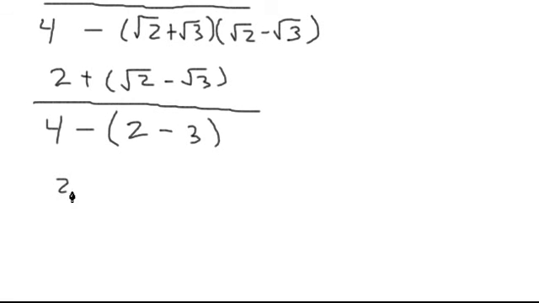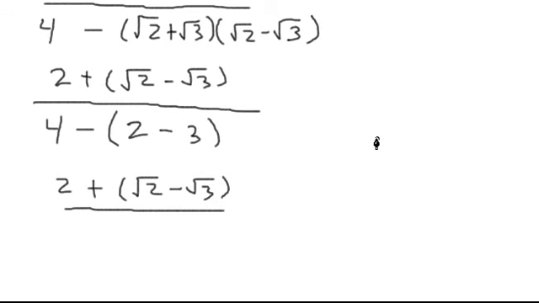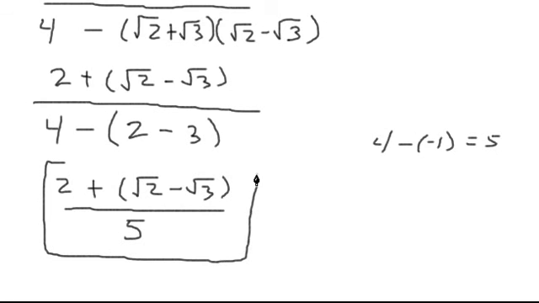So I'm going to rewrite 2 plus the square root of 2 minus the square root of 3 over: 2 minus 3 is going to be negative 1, but then we're going to have 4 minus a negative 1, and 4 minus a negative 1 is 5. So it leaves us with a 5 in the denominator. It all reduced down to, believe it or not, this guy right here. That was a tricky one.